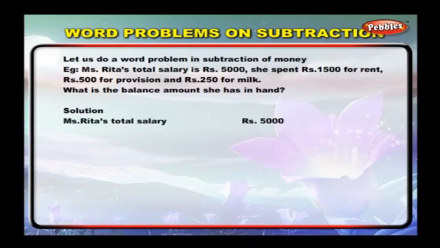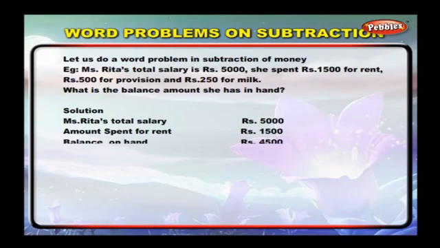Solution. Miss Rita's total salary is rupees 5,000. Amount spent for rent is rupees 500. Balance on hand is rupees 4,500. Amount spent for provision is rupees 500.